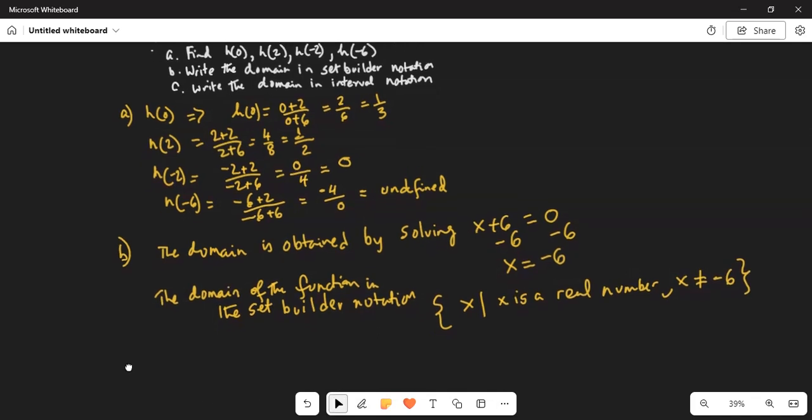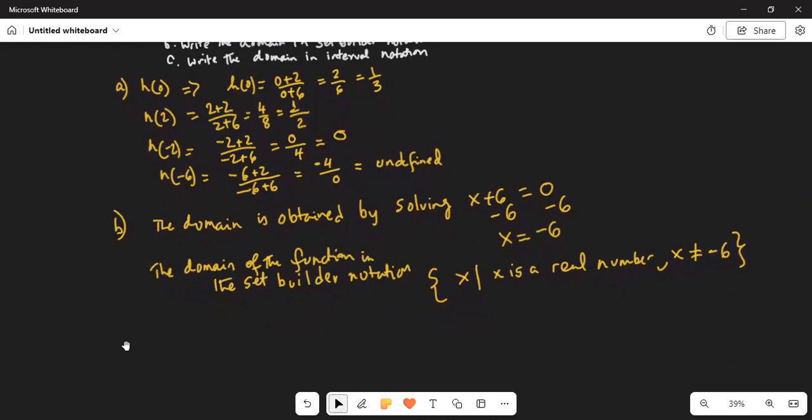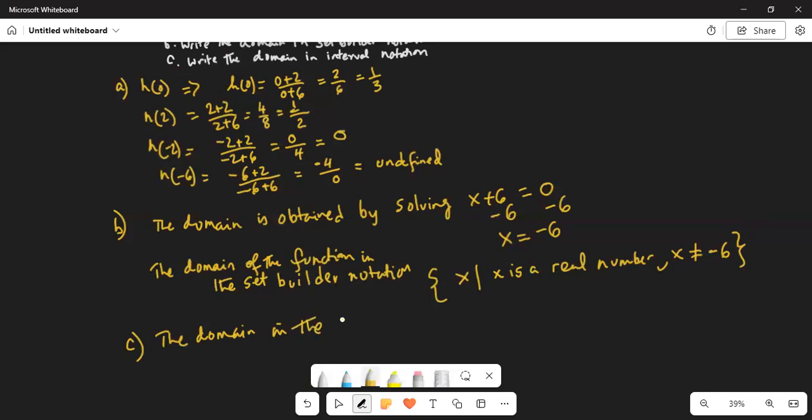Now let's find the domain in interval notation. So the domain in the interval notation is, you start from minus infinity on the extreme left and you go up to minus 6.